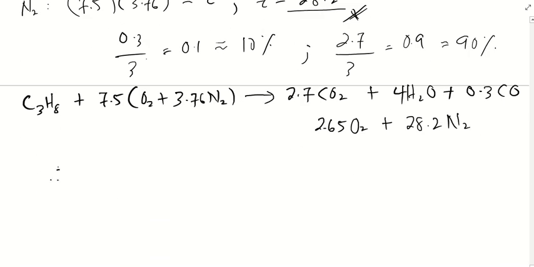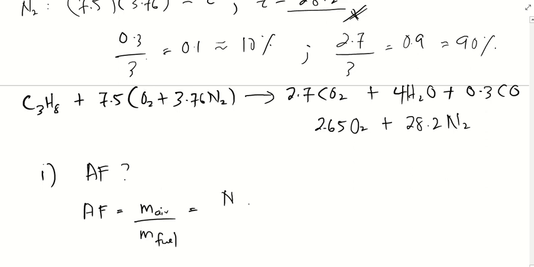Next, question number 1, they ask you to calculate air to fuel ratio. So air to fuel ratio is mass of air divided by mass of fuel. So number of moles multiplied with molar mass of air, similarly number of moles and then fuel.